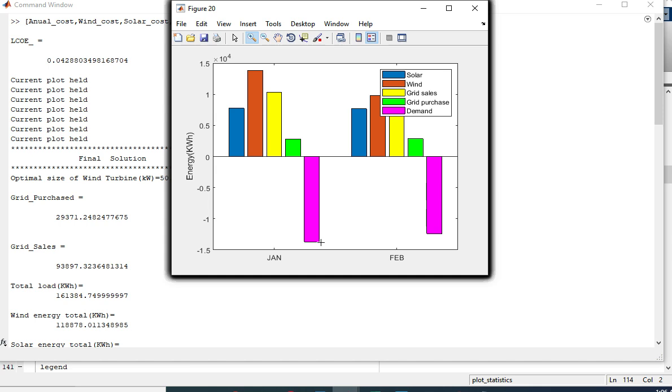Deliberately I plotted it on the negative y-axis to make it different from the generation sources and to make the magnitude clear. As I said earlier, our sales are more and our purchases from the grid are less. That's why our grid cost is negative.